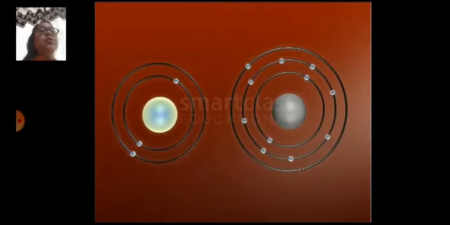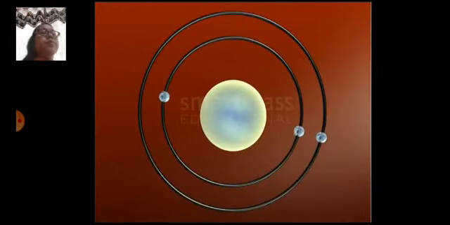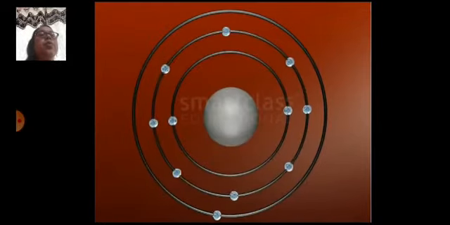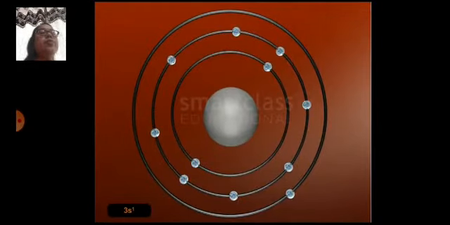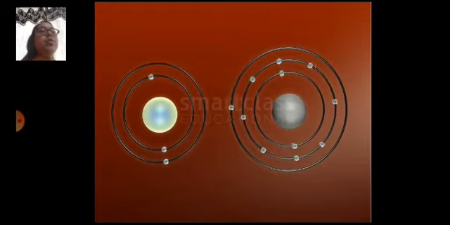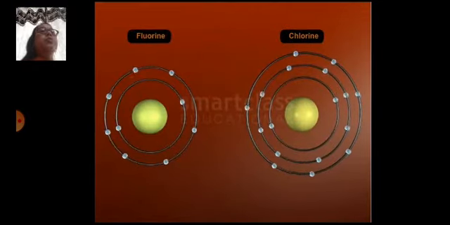For example, lithium and sodium have one electron in the outermost shell, that is 2s1 and 3s1. So in the last shell there is one electron, and they belong to the same group.